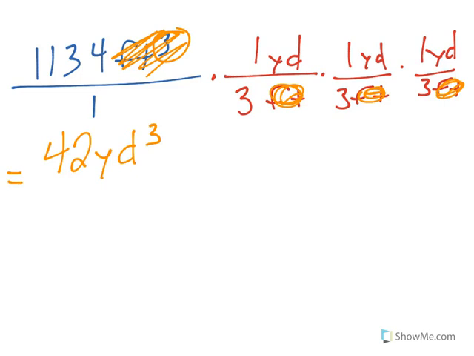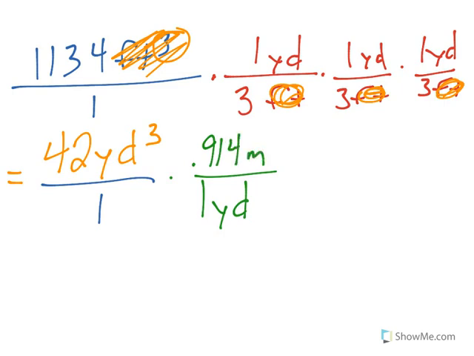Well, that's not what they're wanting. They want meters. So when I look at my chart, I see that 1 yard means we have 0.914 meters. This is the conversion I chose because I like to have a 1 on the bottom, and it means I can just multiply instead of dividing. Again, we have an exponent of 3, so I need to use this conversion 3 times.